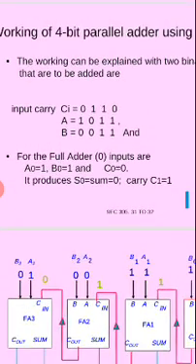The carry is forwarded to the next higher bit.